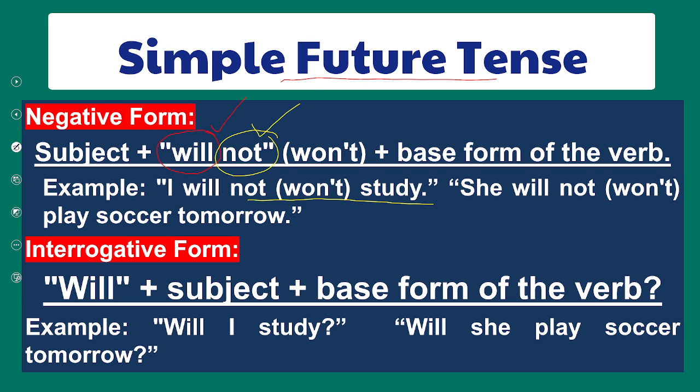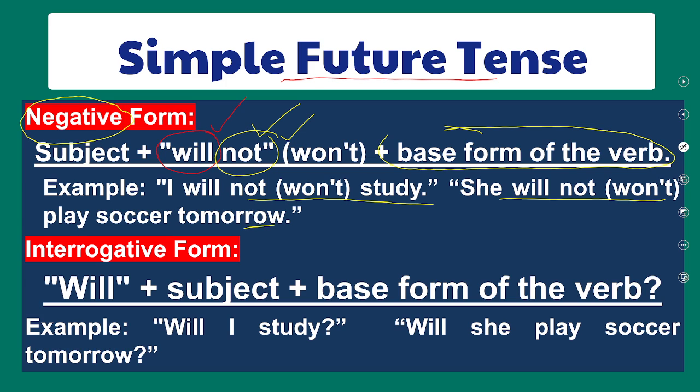We will say, I will not study, or they shall not study. After the shall or will, we insert not with the first form of the verb to make our sentences of the future tense negative. Like, she will not play soccer tomorrow.